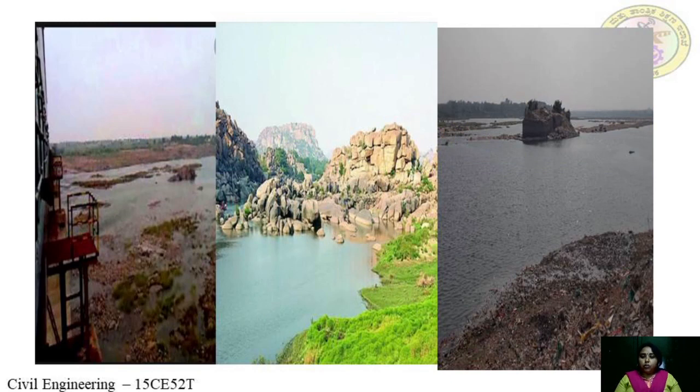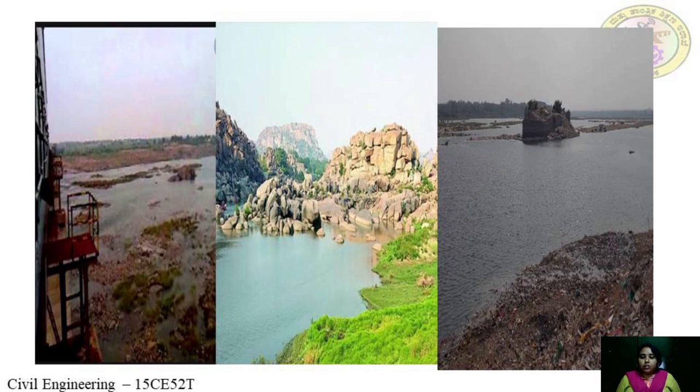So these are some images of Tungabhadra reservoir where you can see the siltation problem. In the first image, you can see the sediment deposits on the river bed, and even some plants that have grown on the river bed.